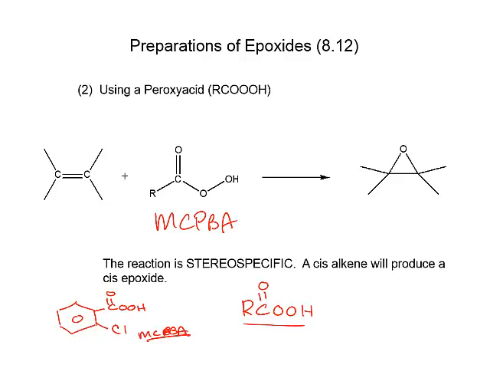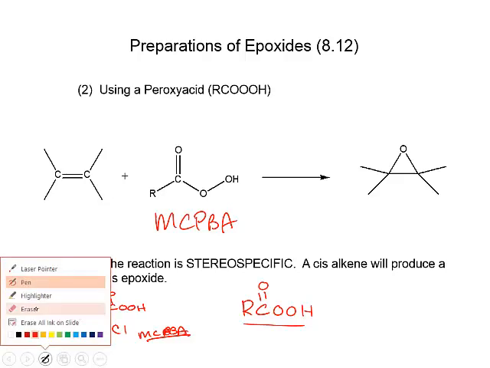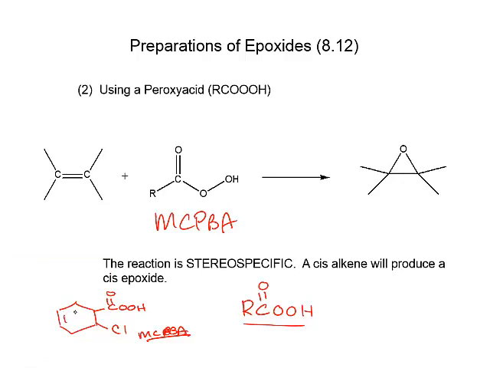You don't have to know that because I use the peroxide, but in the Sapling problems, they'll probably talk about MCPBA. And that's what that is. It's a peroxy acid. Okay. Oh, I used the circle. Probably shouldn't have used the circle. We'll get to the circle next semester.